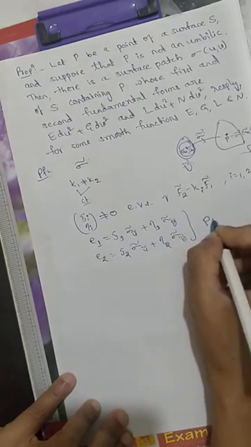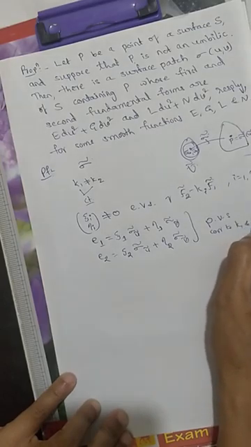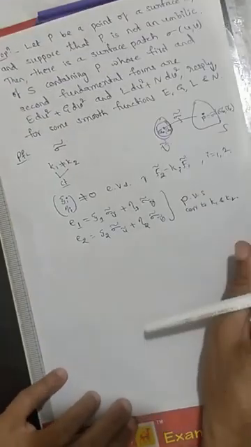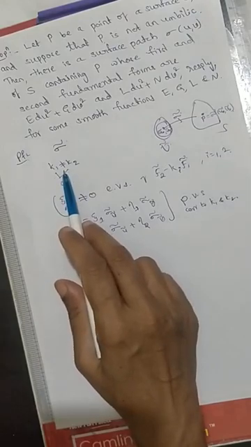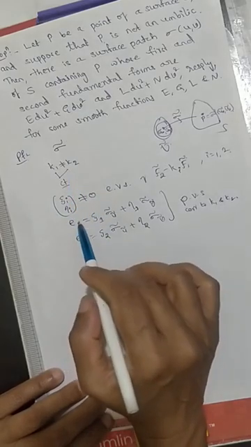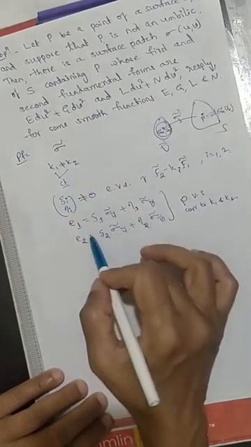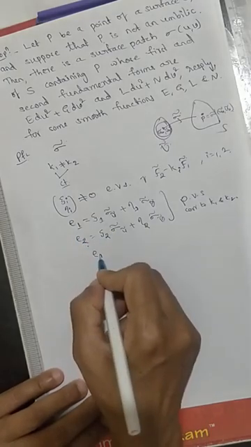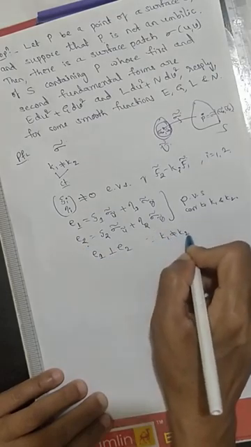These are the principal vectors corresponding to k1 and k2. We have proved in the earlier result that if k1 and k2 are distinct principal curvatures, then the principal vectors corresponding to them are perpendicular to each other. So e1 is perpendicular to e2 because k1 is not equal to k2.